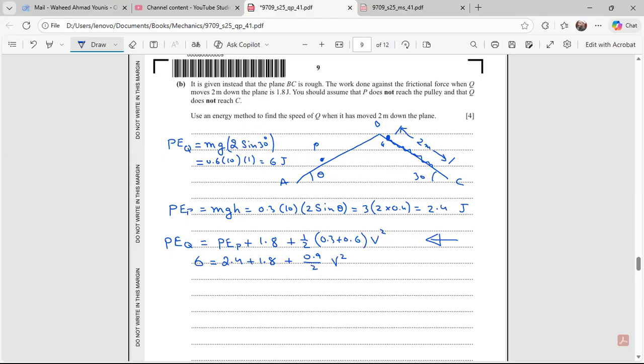So this is going to be 0.45 v squared equals 6 minus 2.4 minus 1.8. So v is going to be the root of 6 minus 2.4 minus 1.8 divided by 0.45. So it comes out to be 2 meter per second.